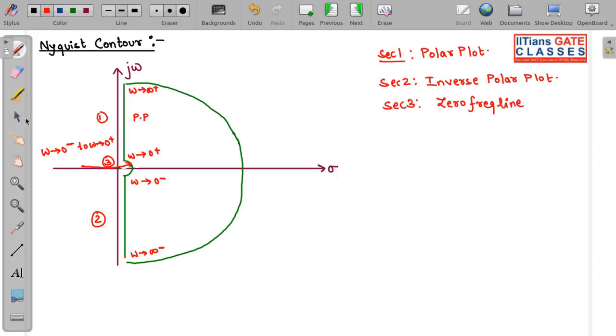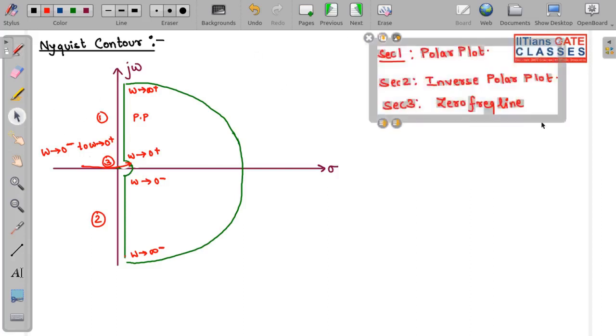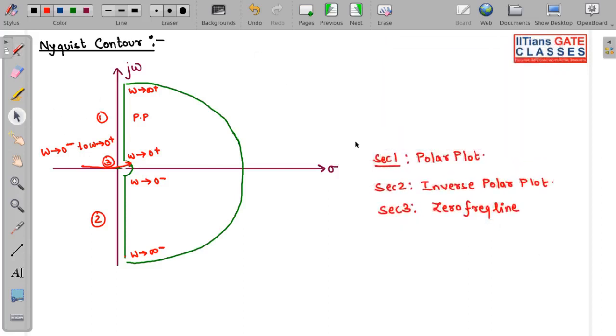I will even write what frequency to what frequency they vary. Over here frequency varies from 0 to infinite, meaning 0 plus to infinite plus. Over here it varies from infinite minus to 0 minus. Over here it varies from 0 minus to 0 plus.